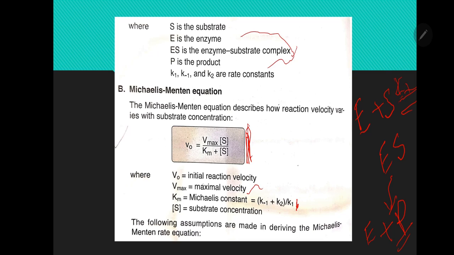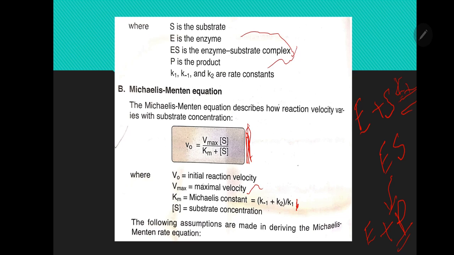Then there is small Km. What is a small Km? The small Km reflects a high affinity of the enzyme for substrate. And large Km reflects a low affinity of the enzyme for substrate.